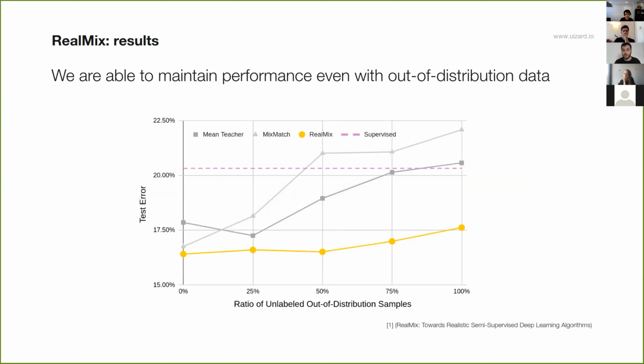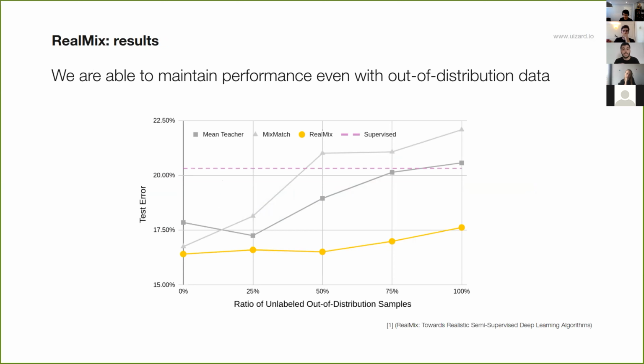And it works. These are some results from some examples that we ran. Here you can see how our method, in yellow, called RealMix, compares with other state-of-the-art semi-supervised learning techniques as we increase the ratio of out-of-distribution samples.